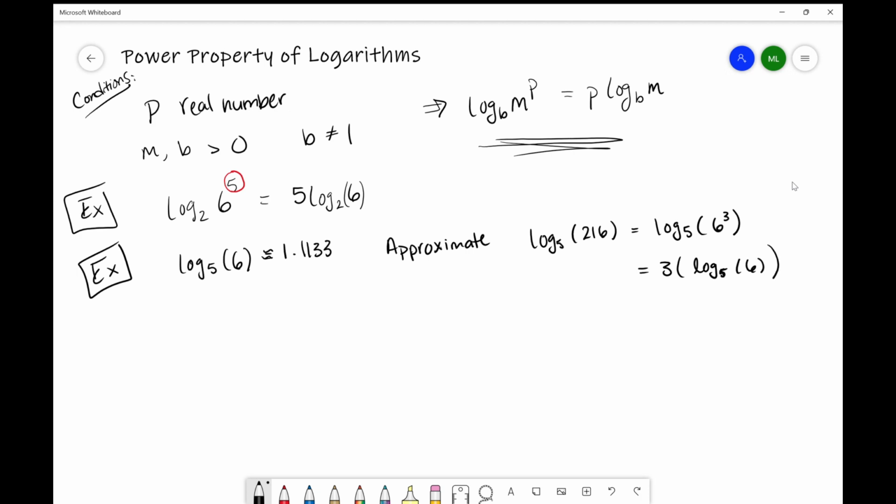We already know from what they've given us that log base 5 of 6 is 1.1133. So 3 times 1.1133 gives me my final answer of 3.3399. And this would be my final answer.